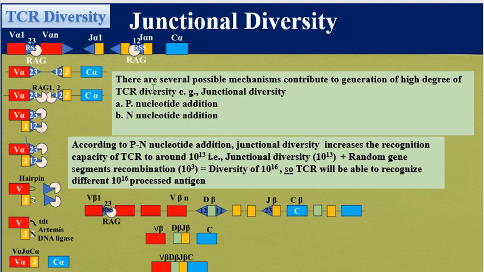The P palindromic nucleotide addition takes place when the DNA gets cleaved by the RAG enzymes, which leads to the formation of hairpins. And now these RAG enzymes add palindromic nucleotides, which leads to the formation of a hairpin.